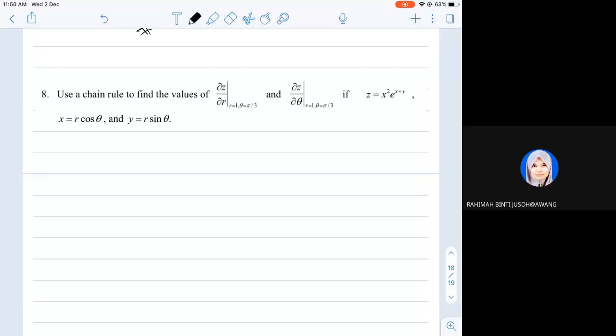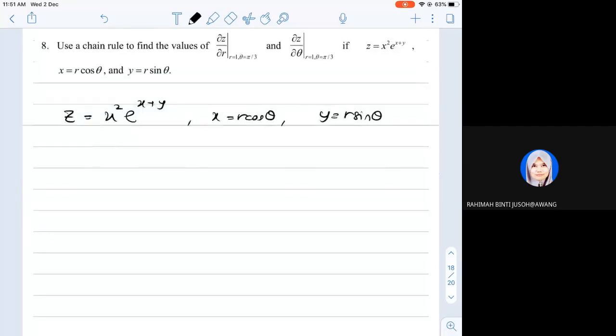It is quite interesting. Let me rewrite this. Z equals x squared, exponent to the power of x plus y. And then x equals r cos theta, and y equals r sin theta.